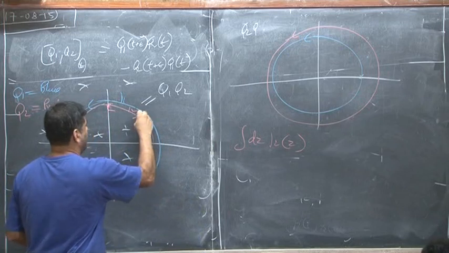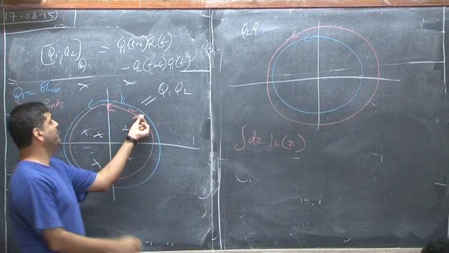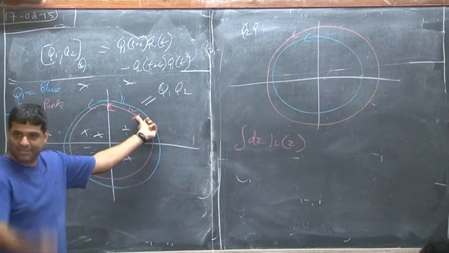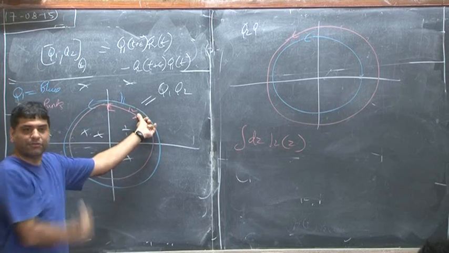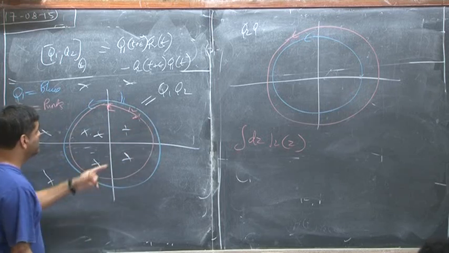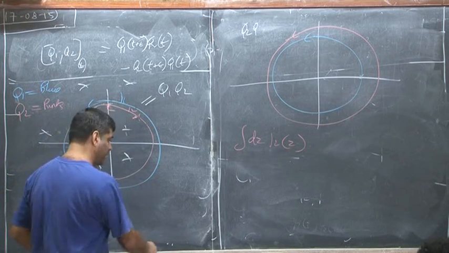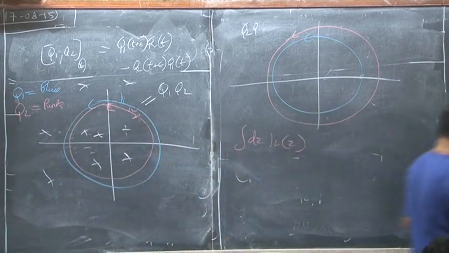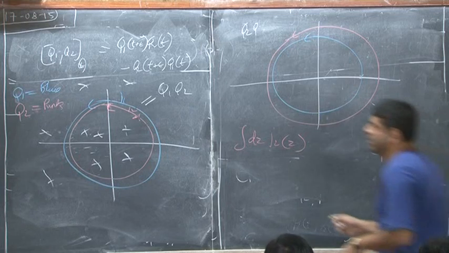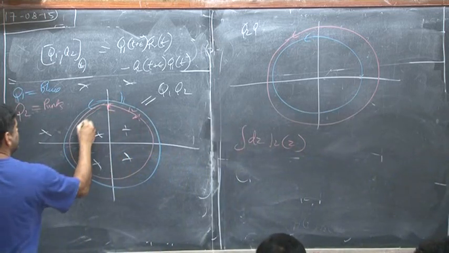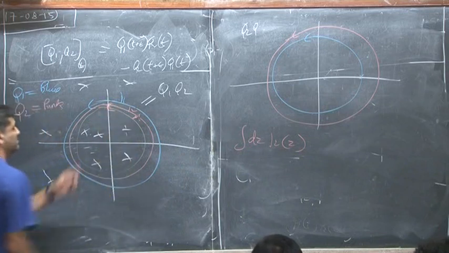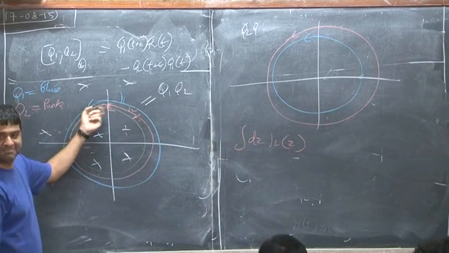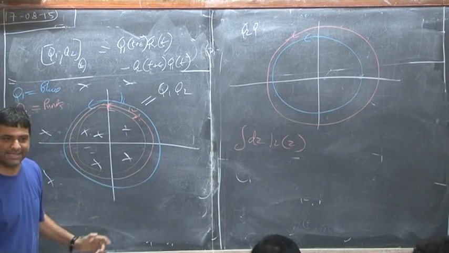When I'm doing the blue integral, the red point is at some point. Let's say this is the point. Now I want to do the integral over blue. So what do I have? I have to do this integral minus this integral. Yellow is the other blue on the other side.